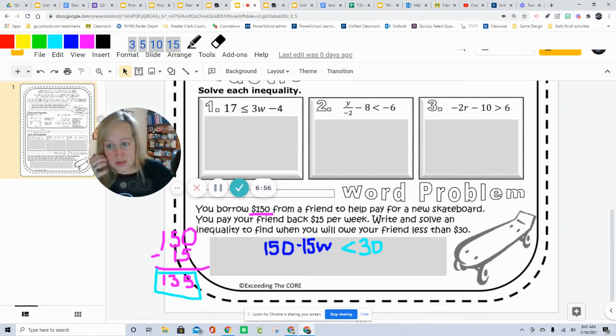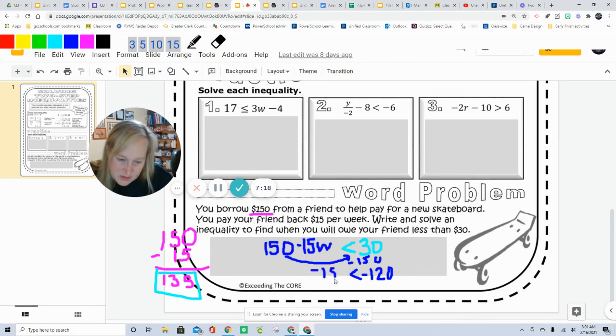Now we have to solve this. In order to solve this, we need to move the 150 over by subtracting 150. 30 minus 150, they are different, so I'm subtracting them. I get 120, and it'll be negative, and negative 15w. Now I have to move this over by dividing by negative 15.